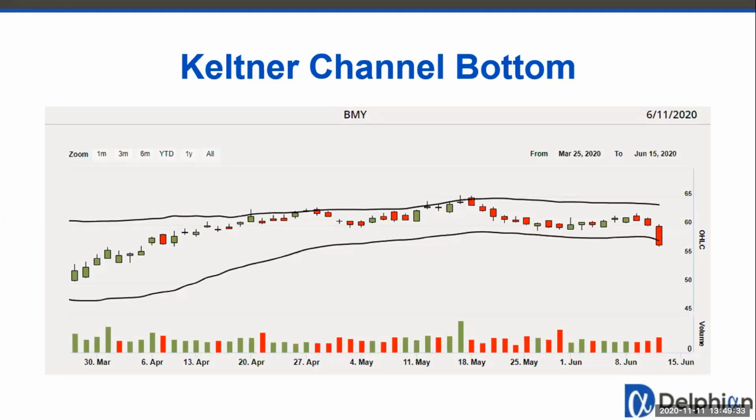So here's just an example of Bristol-Myers Squibb, and what you'll find is typically they're staying within the bands, as in this example of 2 months. But if you go back and look on most charts and you put in those Keltner channels, and we like to use the 20 days and 2 ATR, that pretty much will be similar to this type of output for a lot of different symbols.